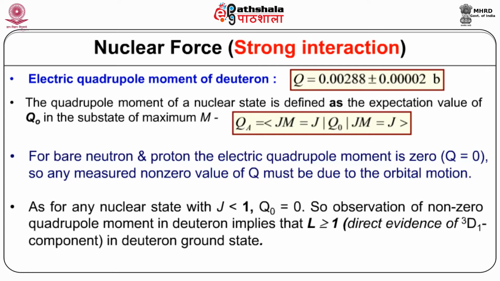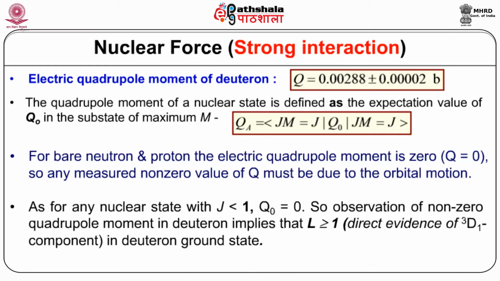As we define the magnetic dipole moment, in a similar way we define the electric quadrupole moment of a nucleus. The quadrupole moment of a nuclear state is defined as the expectation value of Q0 in the substate of maximum M, that is, in the state J under the condition when M is equal to J.